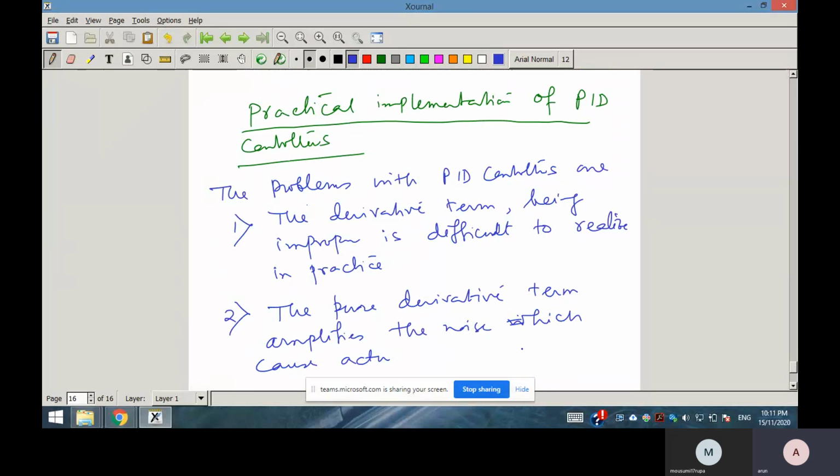Because if the noise is sine omega t, when it passes through the derivative it will be omega cos omega t. So if it is noise, omega is a really high value, so a very high magnitude signal will pass through the actuator, which will cause actuator saturation.